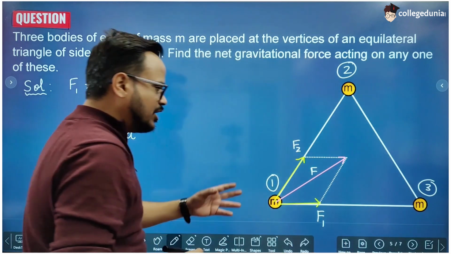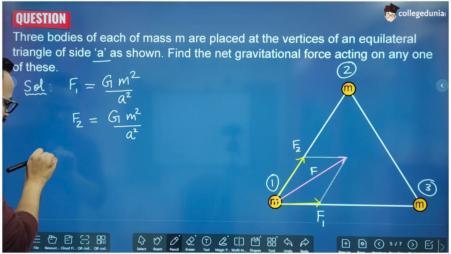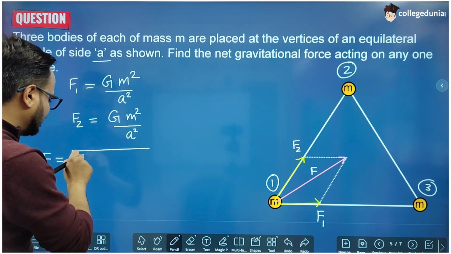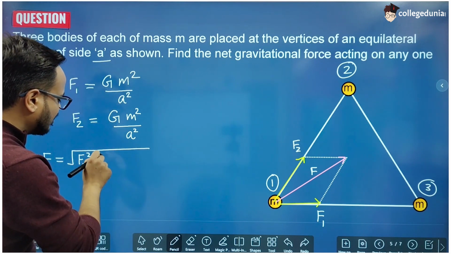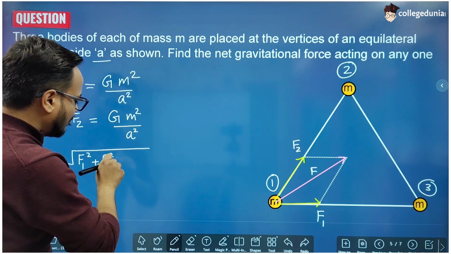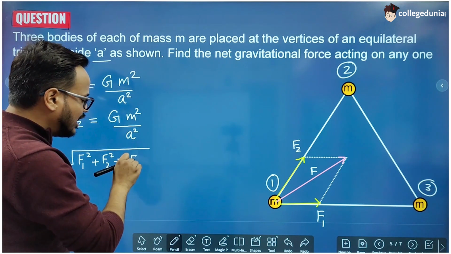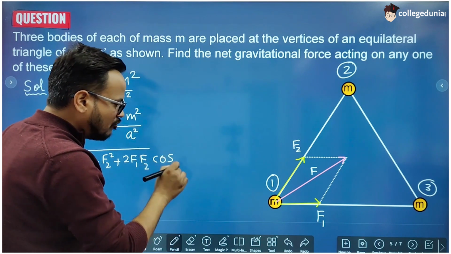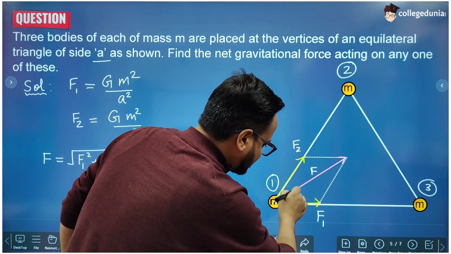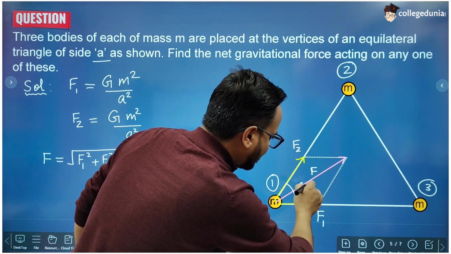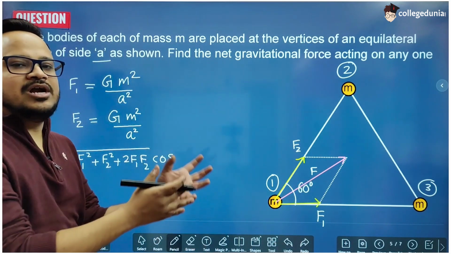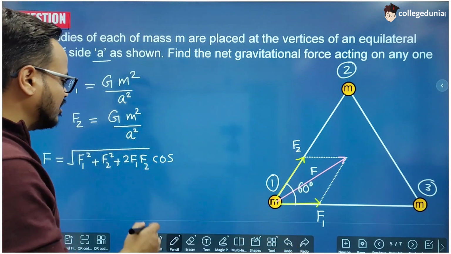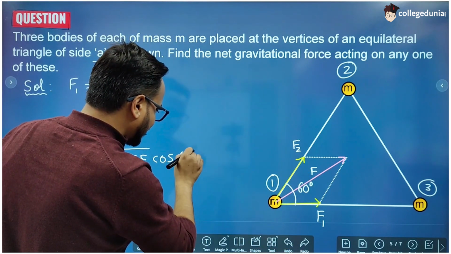So what is the magnitude of F according to the parallelogram law? Magnitude of F is under root F1 square plus F2 square plus 2 F1 F2 into cos of the angle between F1 and F2, which is 60 degree, because this is an equilateral triangle and each angle of an equilateral triangle is what? It is 60 degree. So cos 60.